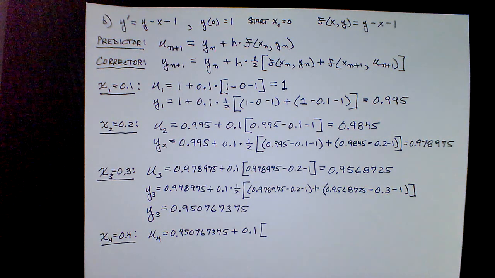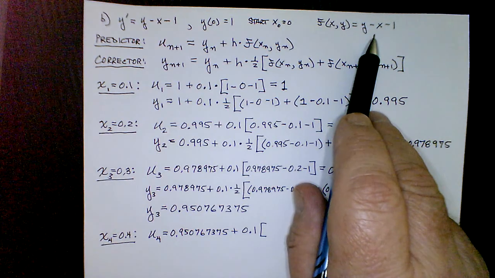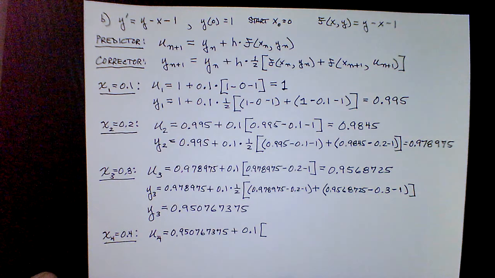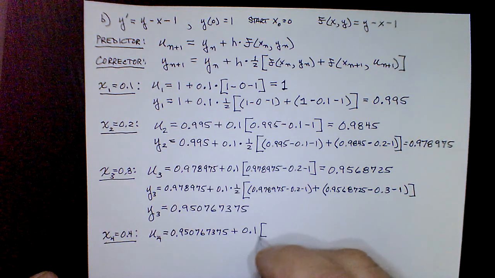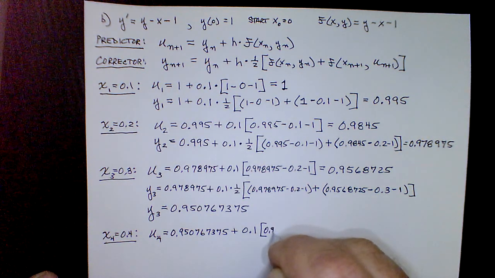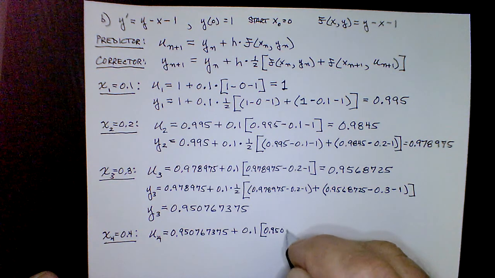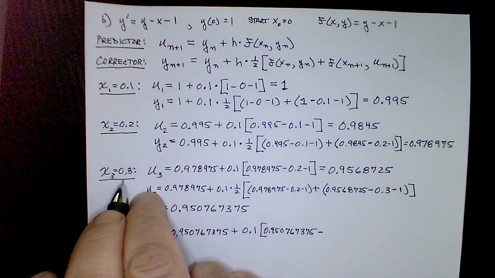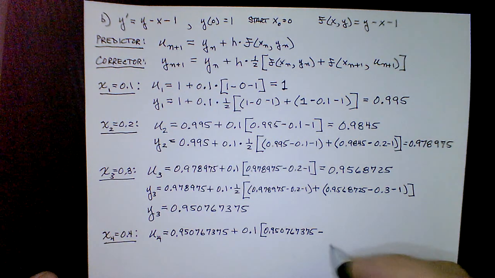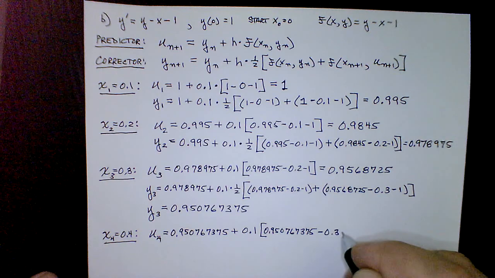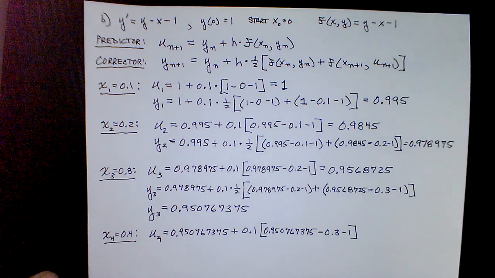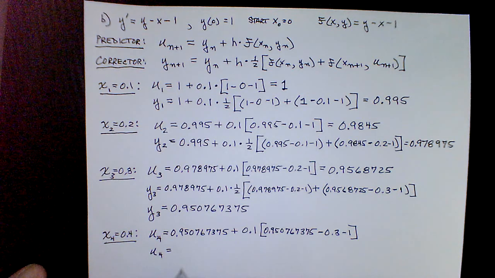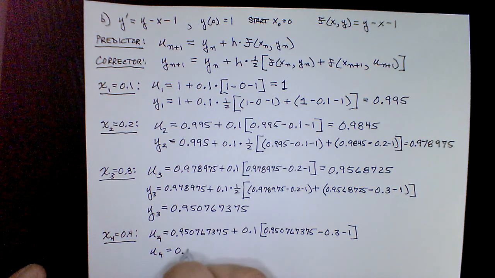Okay, so again, the function's y minus x minus 1, previous y, this value, 0.950767375, minus the previous x is 0.3, and then minus 1, that was part of the formula. So crunching all that down, we get u sub 4 to be 0.9158441125.